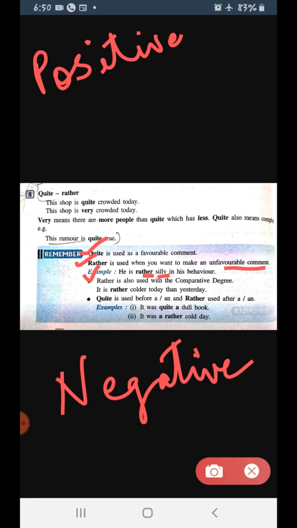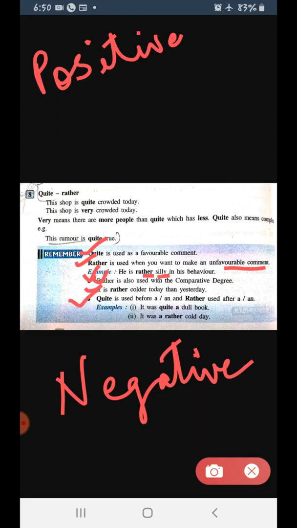Silly comes under negative statement. Then next, rather is also used with the comparative degree. Example, it is rather colder today than yesterday. So when we have to talk about comparatives, we can use rather.